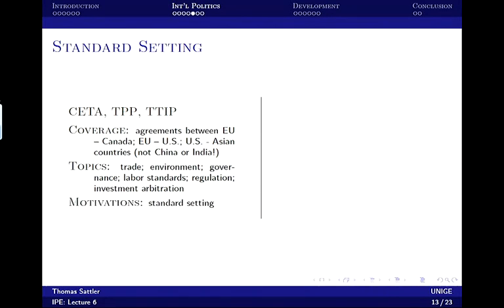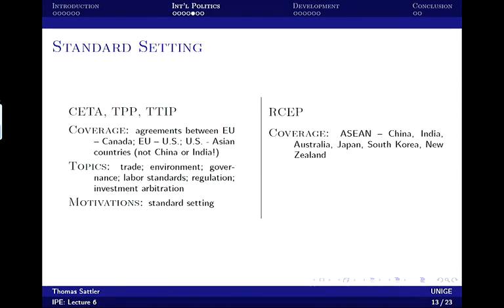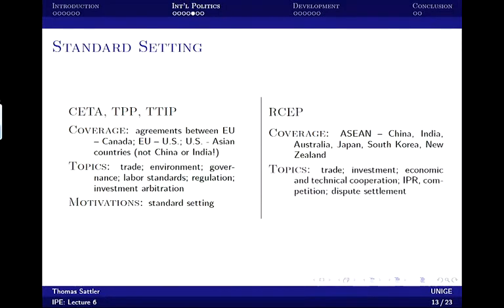the World Trade Organization. And to show you how much this is about competition between major blocs, we have the so-called Regional Comprehensive Economic Partnership, which is being negotiated by China and the Southeast Asian countries, but it excludes the United States, right? So China is trying to do exactly the same thing as the United States tried to do with TPP and TTIP.